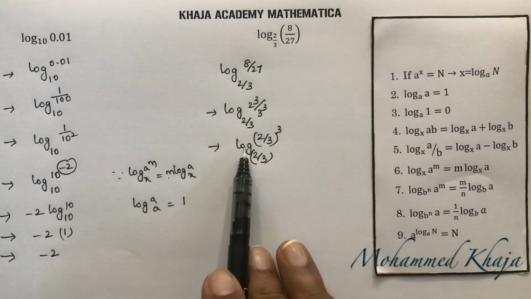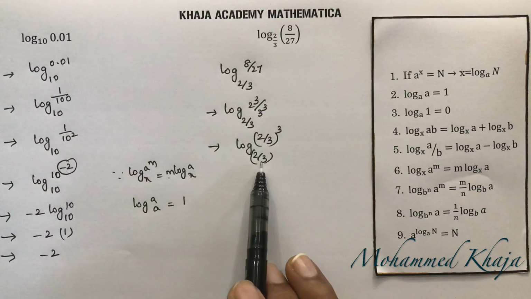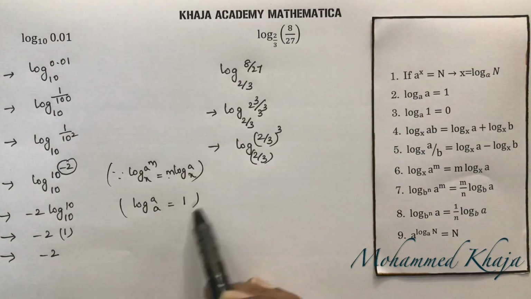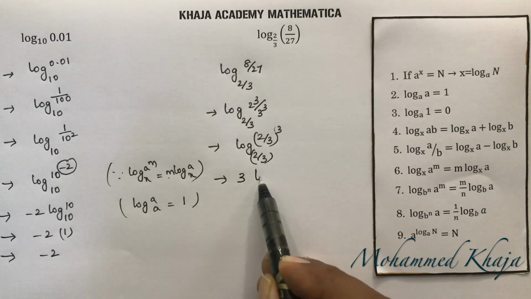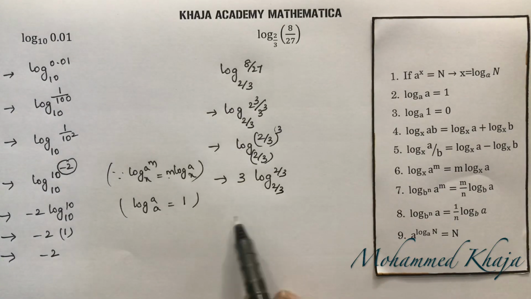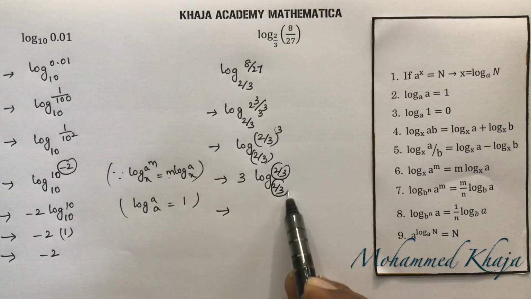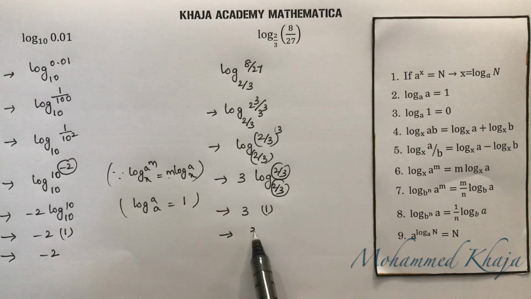Applying the same logarithm of power formula, in place of m we have 3. So 3 log 2 by 3 to the base 2 by 3. The logarithm of a number to the same base is 1, so 3 times 1 is 3.